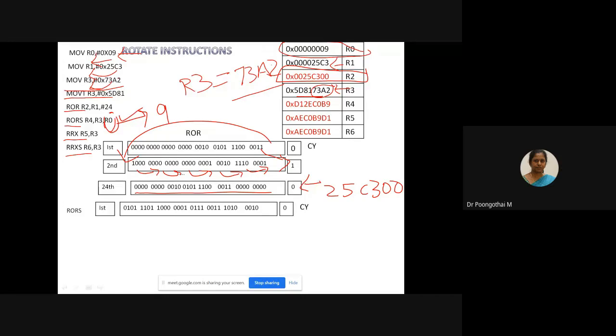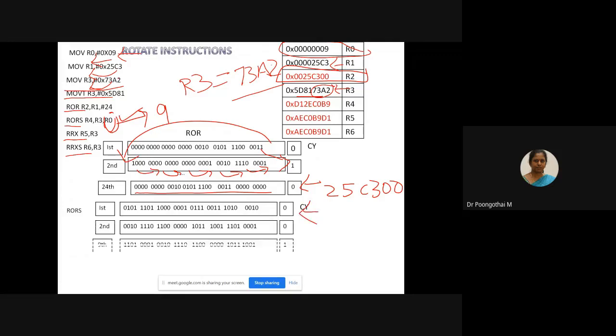Initially, your carry is set to 0. After execution, that is after the 9th rotation, you will get this value. Your R4 holds this one, and your carry is set to 1.